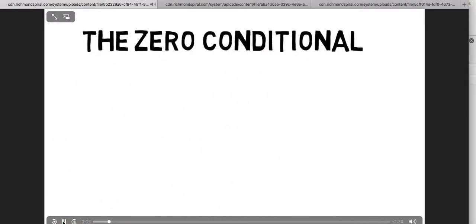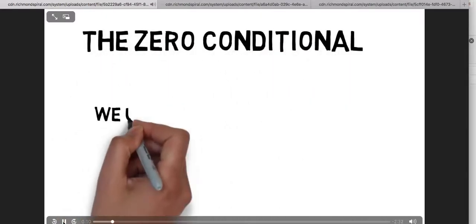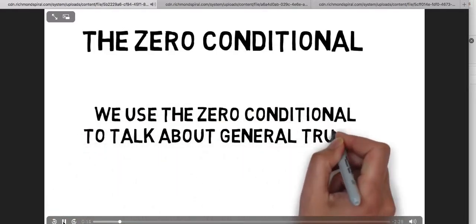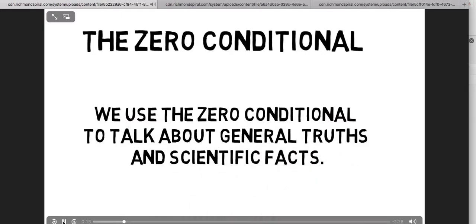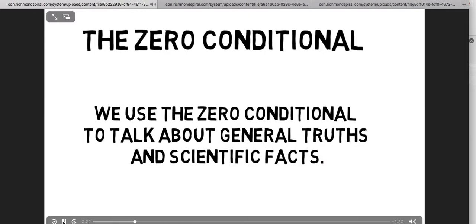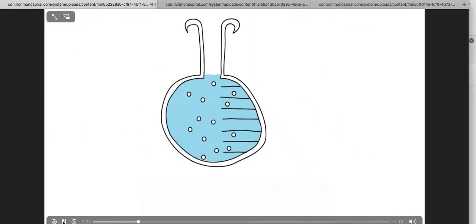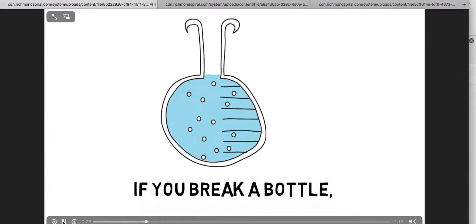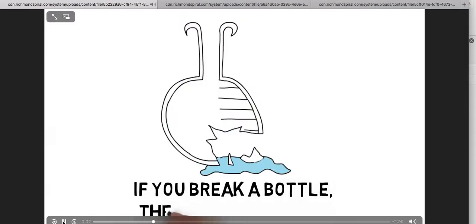The zero conditional. We use the zero conditional to talk about general truths and scientific facts. If you break a bottle, the liquid spills out.